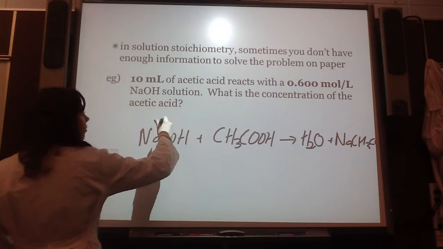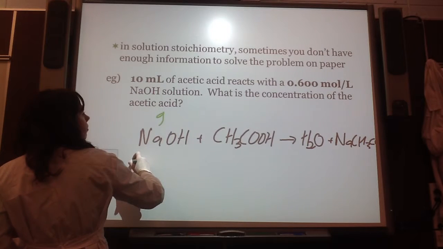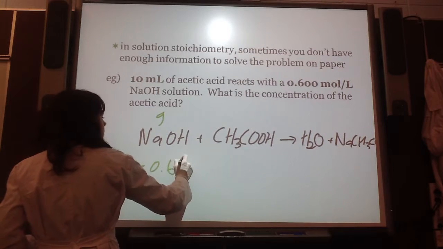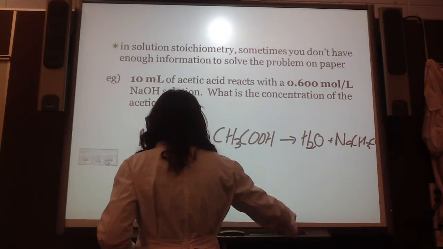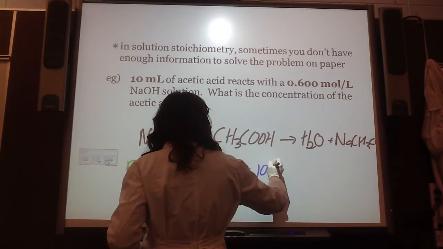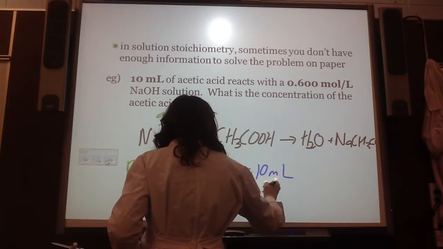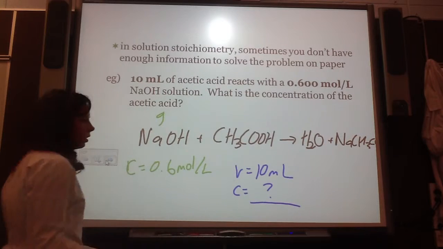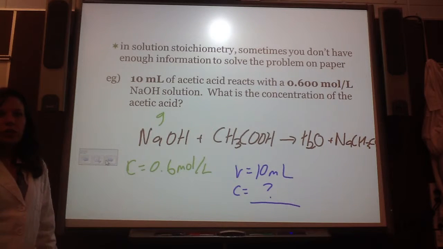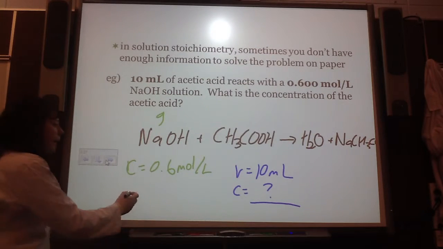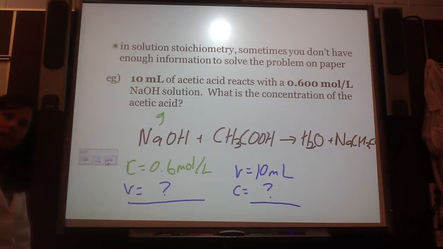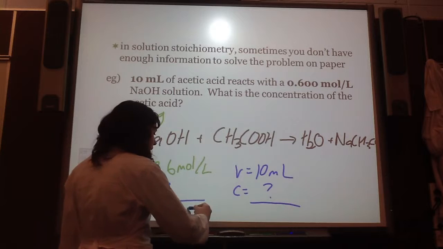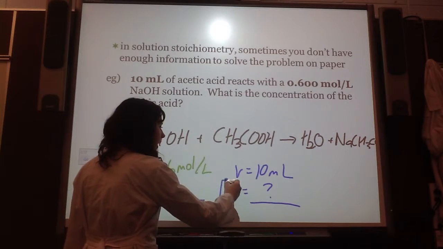We are told the concentration of this is 0.6 mole per liter, and we know the volume of this, and we're trying to find this. Well, I can't do very much. I can't go very far. I need to find the volume of sodium hydroxide needed first so I can find the moles and apply it here.